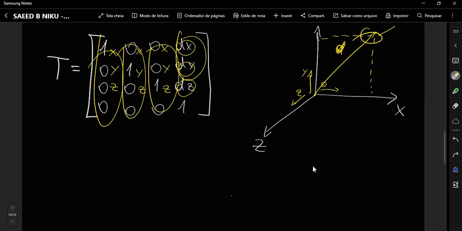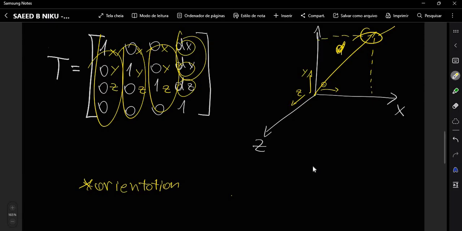And if this referential doesn't have any change in orientation, that means that this referential is doing a pure translation.